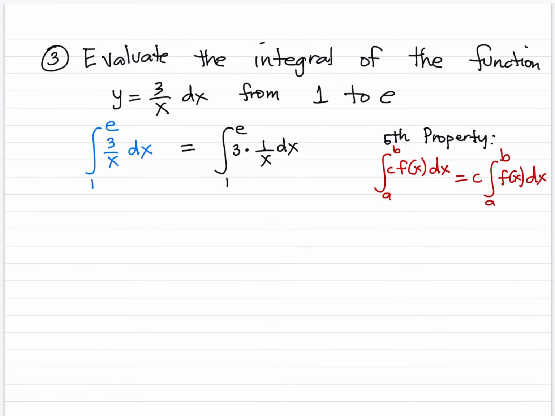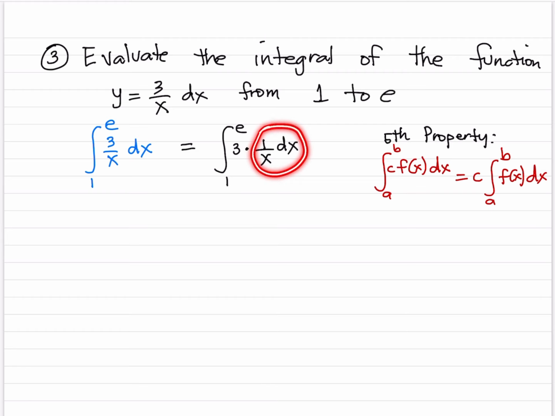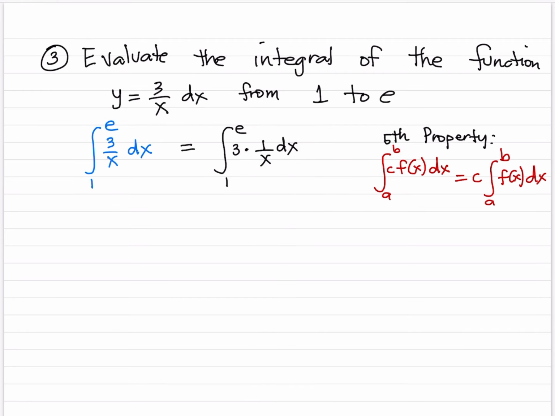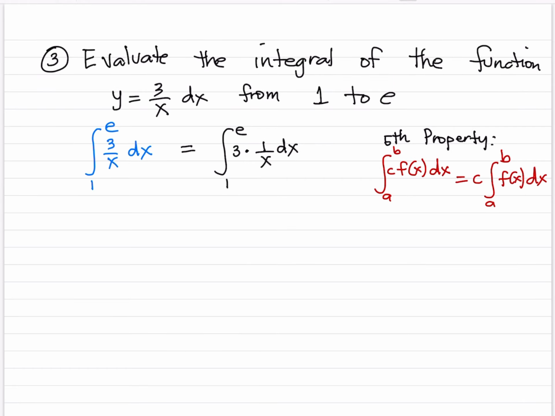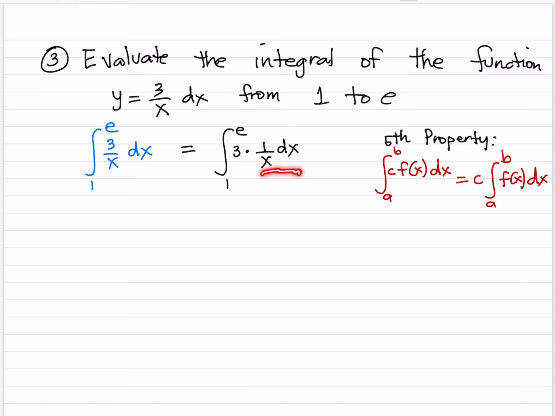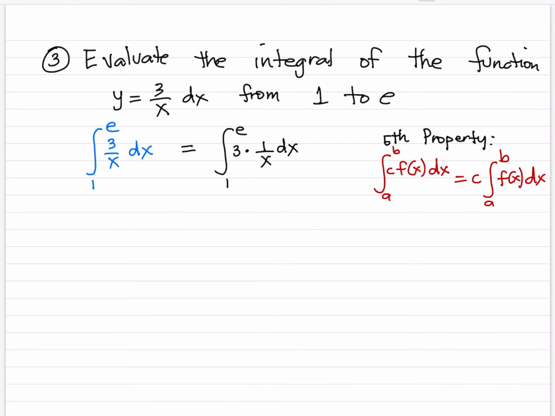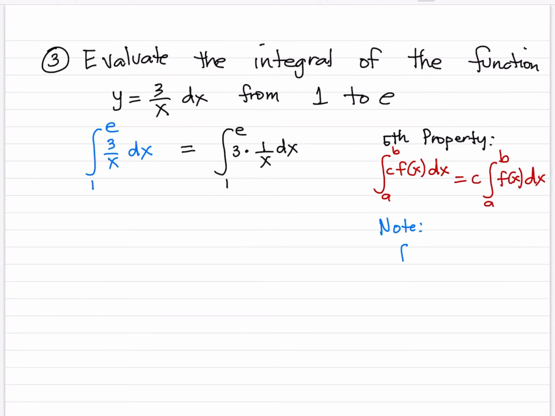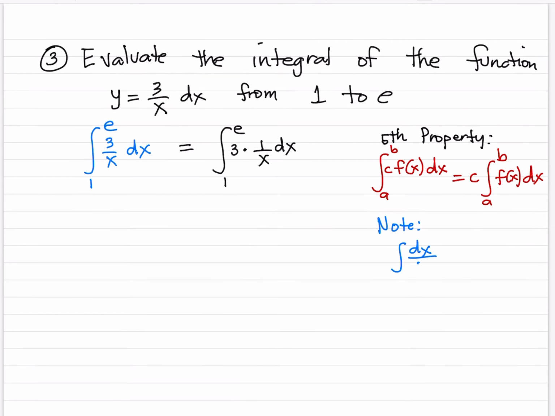Okay, and obviously, what function has the derivative 1 over x? What is the antiderivative of 1 over x dx? It's the natural logarithm of x. So please take note that the integral of dx over x is the natural logarithm of the absolute value of x.